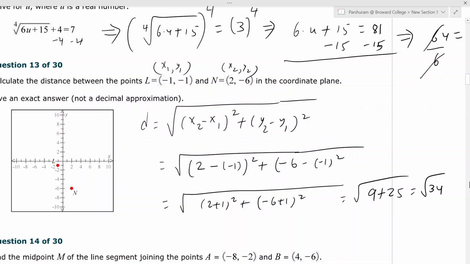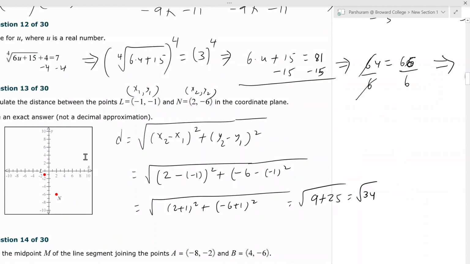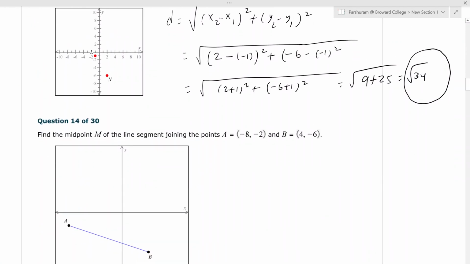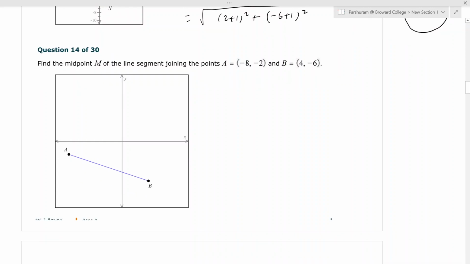Because we cannot simplify this square root of 34 anymore, this would be our exact distance. Remember, exact means with the radical sign. If you want to find the approximation, you can use the calculator, but you don't need a calculator to find the exact answer. That was problem 13.